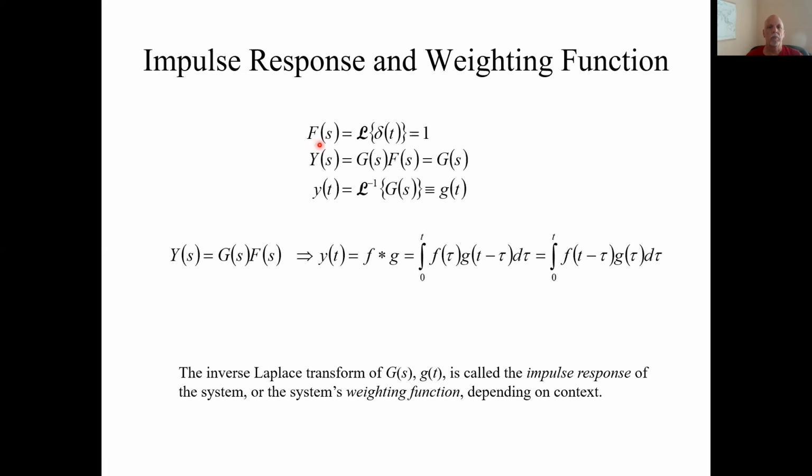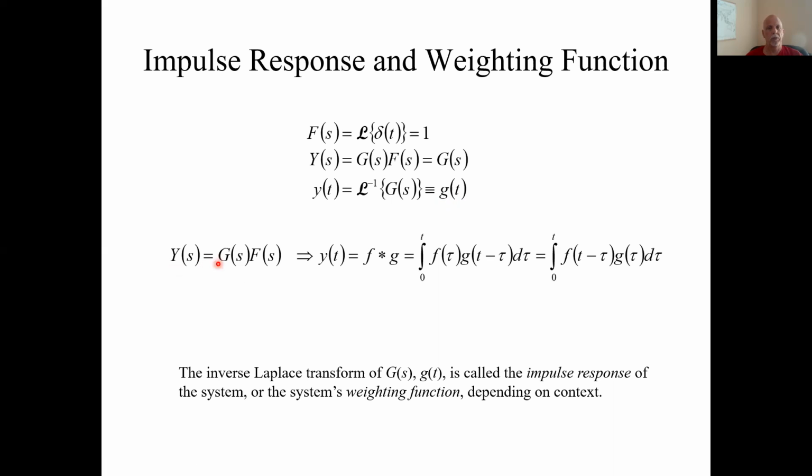What if that input, f, whatever it is, is the impulse, the Dirac delta function? Well, the Laplace transform of that is just 1. So this output is this product, but F now is just 1, so the output is just G. So the output in the time domain is the inverse Laplace transform of the transfer function, little g.